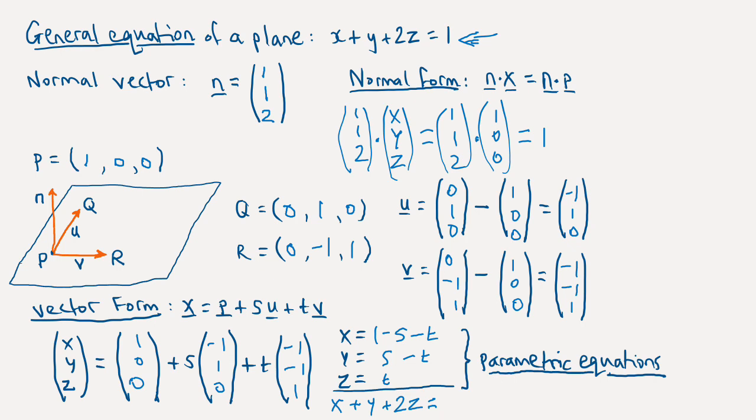So I'm going to have 1 minus s minus t, add on s minus t, so we're going to have 1 minus 2t, and then add on 2z, so we're going to have 1 minus 2t plus 2t, so all the t's will cancel, we'll be left with just the constant 1, which is what we wanted.